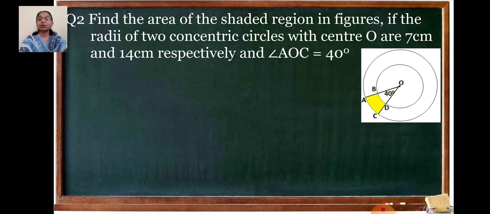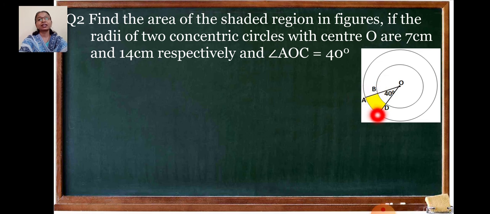We will find out the area of the bigger sector OACO first, and we will also find out the area of the smaller sector OBD. Bigger sector and then the area of the smaller sector. Then what we'll do?